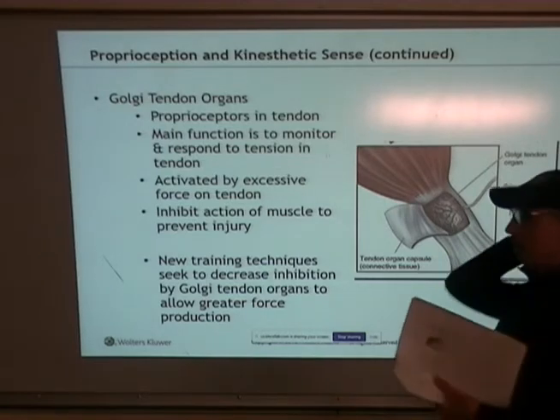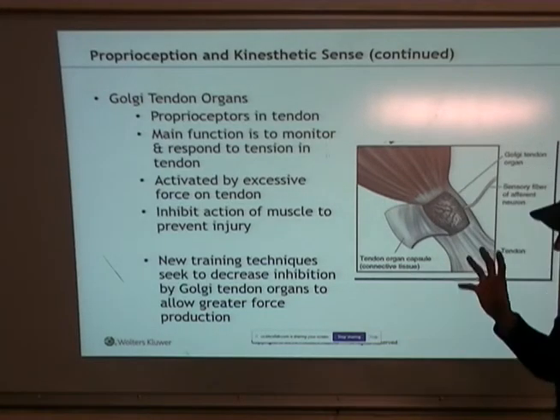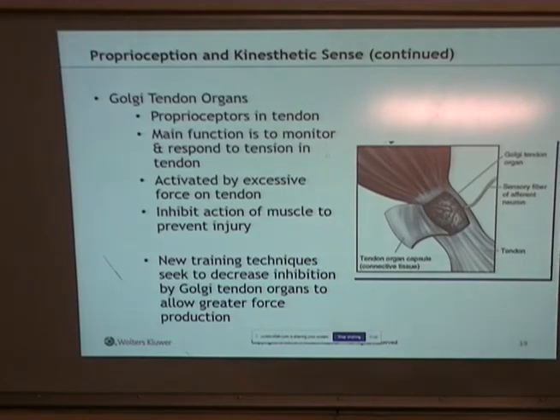And so its job is also somewhat protective in that when it registers large force production, then it sends a signal to the central nervous system and we get a return signal to the muscle to relax. So it responds to the force or the tension that's being applied from the muscle to the tendon.